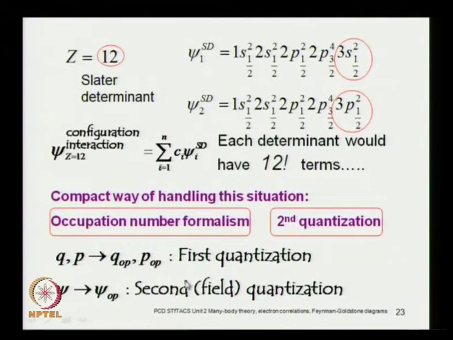Now what we are going to do is that the wave functions that you are talking about will also be treated as operators. In the first quantization methods, the wave function psi was like a scalar function, it was not treated like an operator.